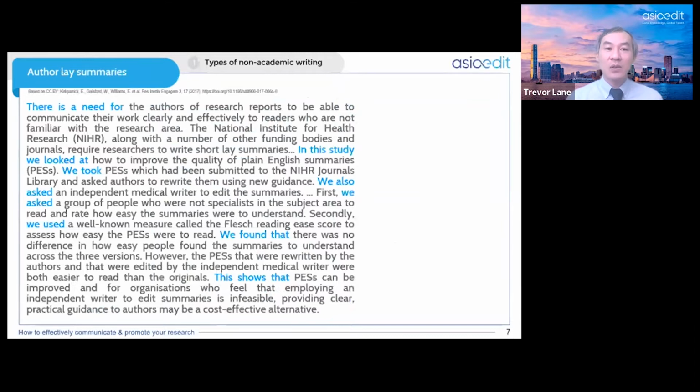So here is an author and lay version summary. Without needing to read it, let's have a quick look. I've given you some clues with the color coding. There aren't many big words, and the big words are understandable ones like communicate, researchers, independent, organizations.